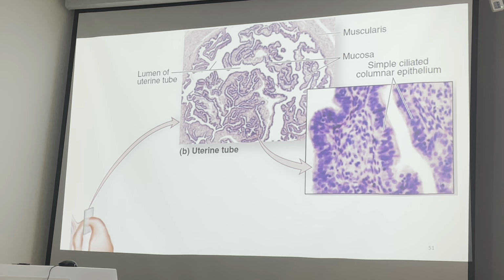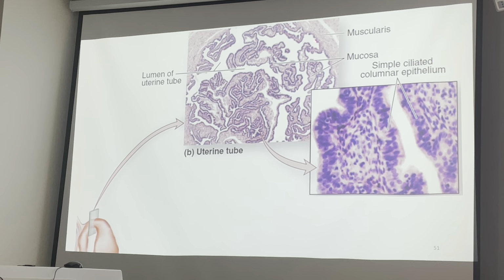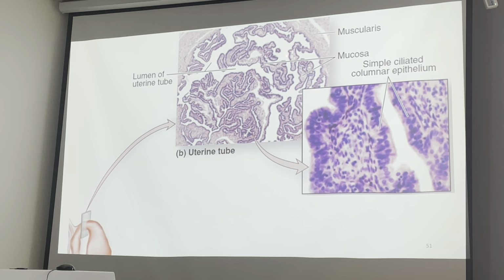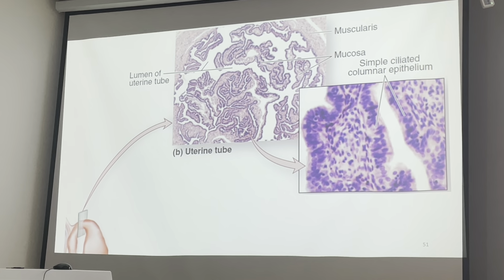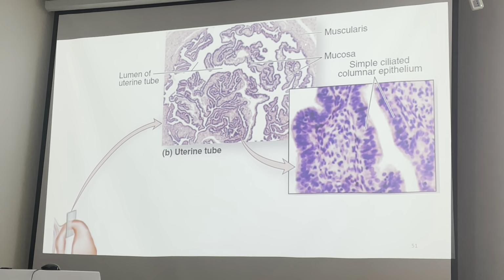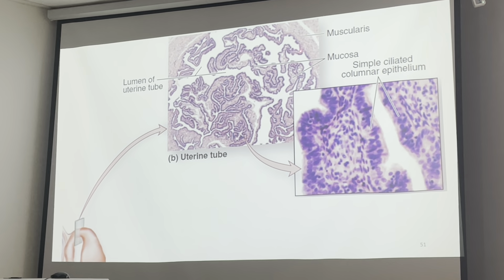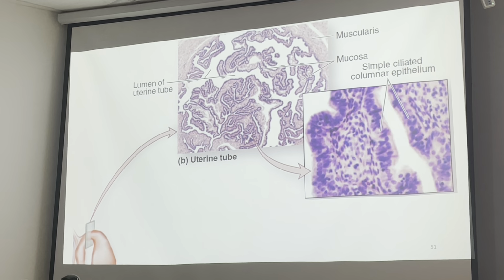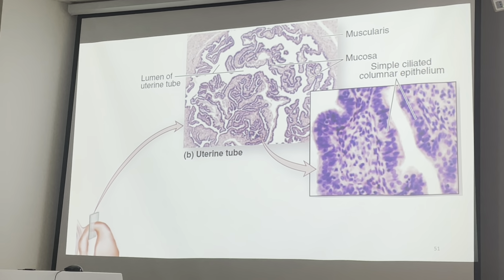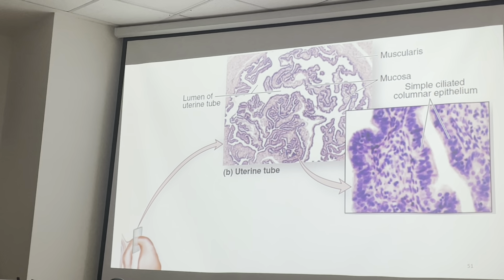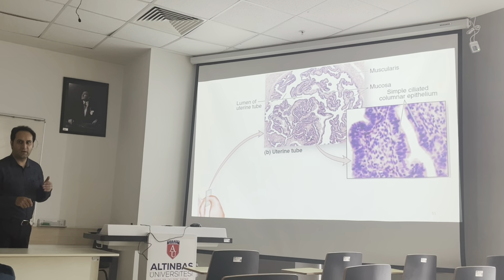The mucosa, here you can see, forms folding into the luminal side of the tuba uterina. But the muscularis layer does not enter into the folding part. In the folded areas, we have only mucosa, and this mucosa is composed of the epithelium and underlying lamina propria.